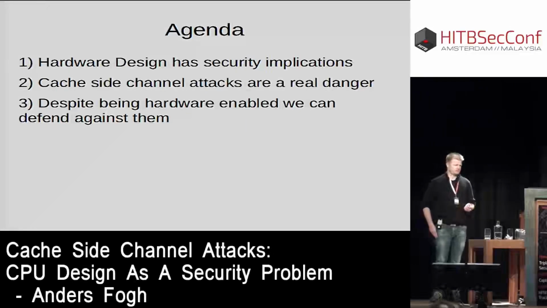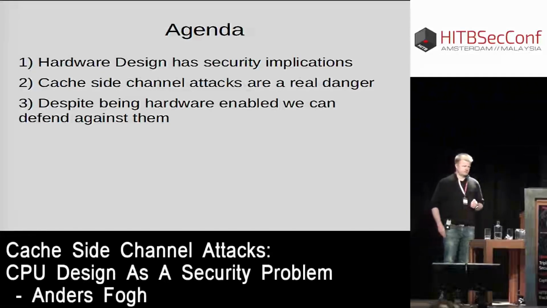But that assumption breaks when the hardware does not do what we think it does. And the second thing is, when I wrote CPU design as a problem, I specifically chose the word design because this is not about bugs. This is about design decisions that are made by implementing the CPU.